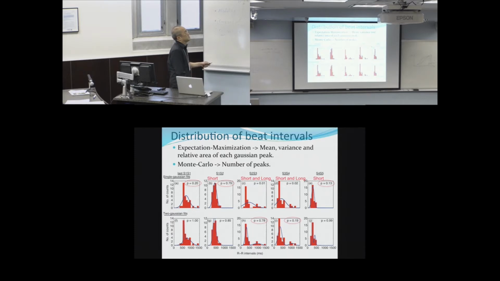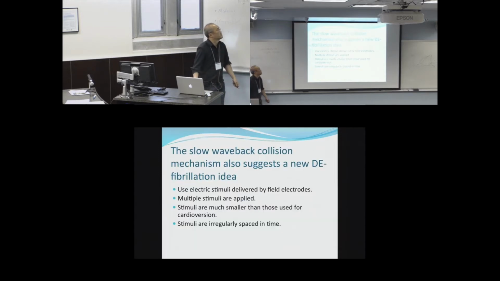In the case of these two, the test shows that these two are well fit by single Gaussians, as well as the last one. Whereas these two, where we expect to have both a short population and a long population, are not fit by single Gaussian distributions. The p-values are very small, but they are fit by a two Gaussian distribution. So this suggests that, again, it's evidence that this mechanism perhaps is what's causing this, although of course it's not definitive.